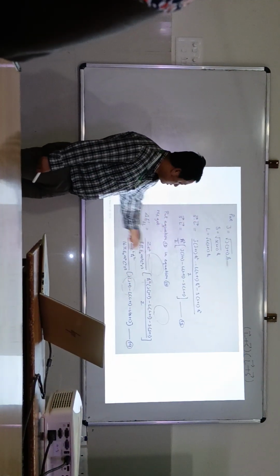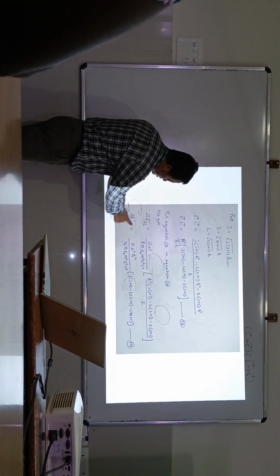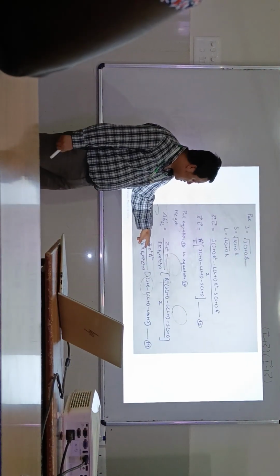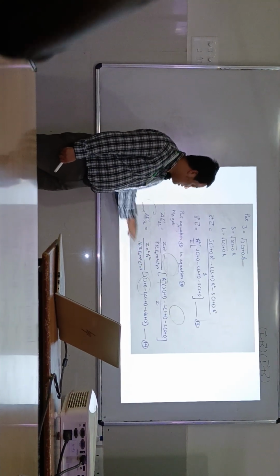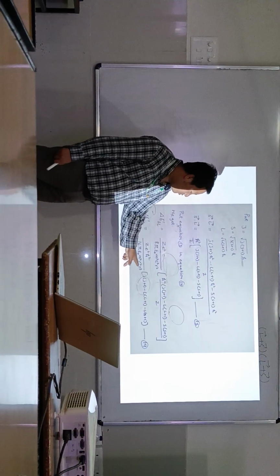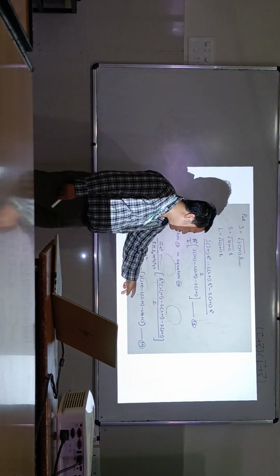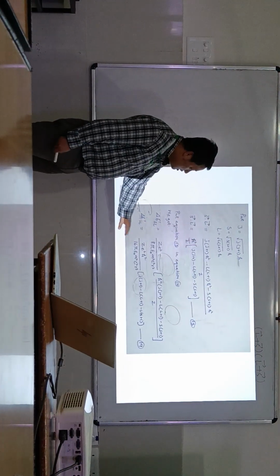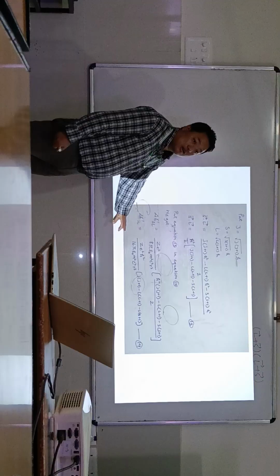If you simplify it further, we get the change in the energy of the spin-orbit interaction given by Z e square h cross square divided by 16 pi epsilon naught m square c square r cube, times J(J+1) minus L(L+1) minus S(S+1). So this is the ultimate equation that we get to calculate the spin-orbit interactions.